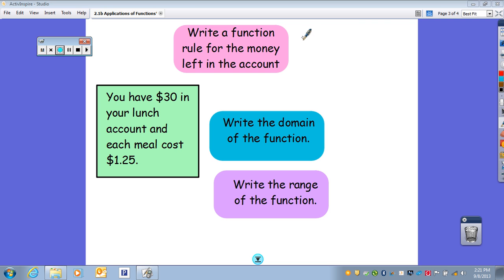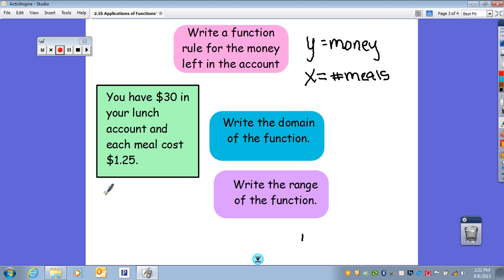Y is going to be the amount of money that we have left in our account, because that depends on the amount of meals that we purchase. So the meals, our X value, is going to be our independent variable, and our Y is going to be our range, which is our dependent variable.